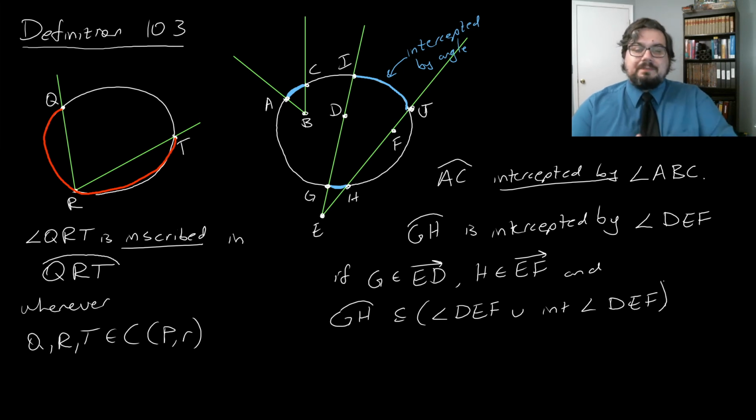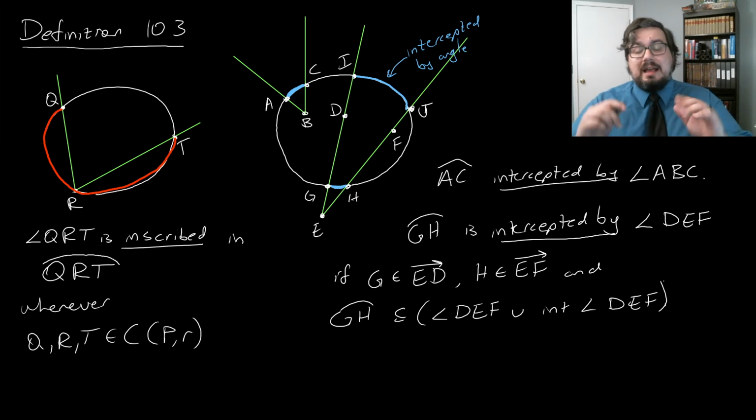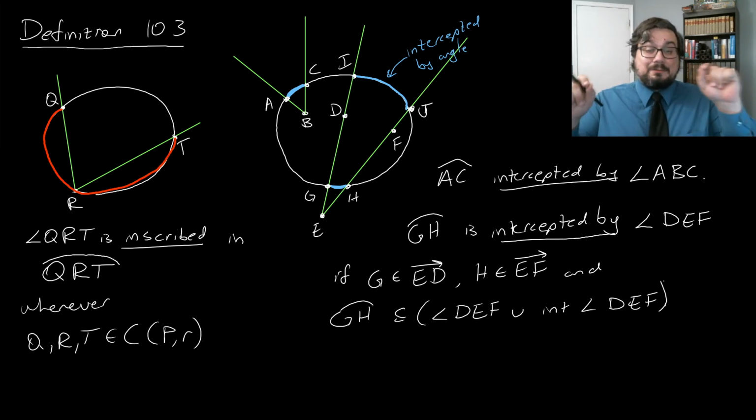So intuitively, an arc is intercepted by an angle if it lies inside that angle. But we do want to be precise here. The 2 endpoints of the arc have to be on different rays of the angle.